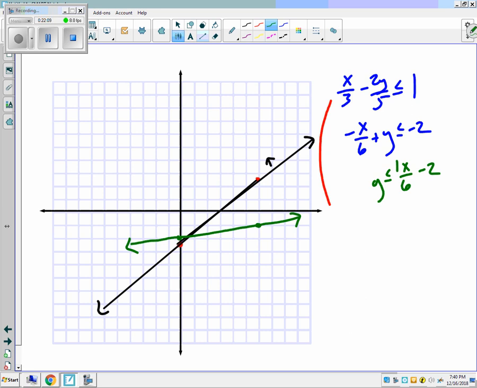Sorry, the live wasn't working. It looked really cool, then it just stopped. So where am I shading? What's the domain and range? I'm just kidding. You can't do domain.